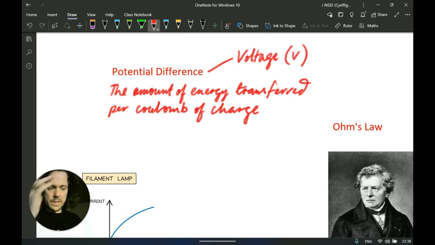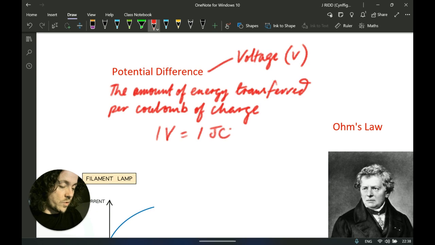But from this definition, we can also appreciate that 1 volt is equal to 1 joule of energy transferred per coulomb of charge. So for every coulomb that passes through, say, a power supply with a voltage of 1 volt, that coulomb will receive 1 joule of energy.